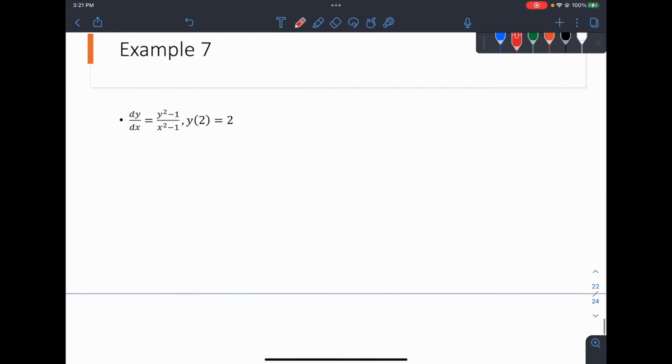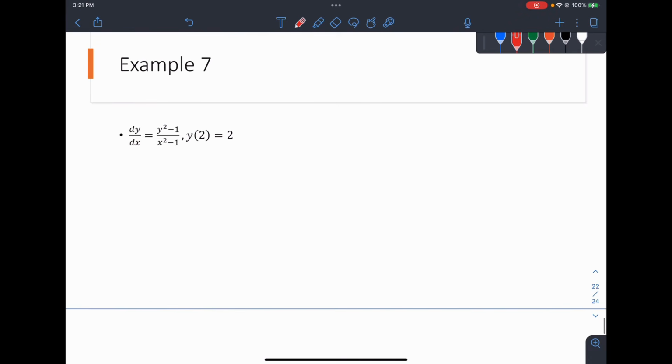So let's have our last example. In the given examples, we were able to recall the majority of the different integration techniques that we had covered in integral calculus. Next we have dy over dx equal to y squared minus 1 all over x squared minus 1.